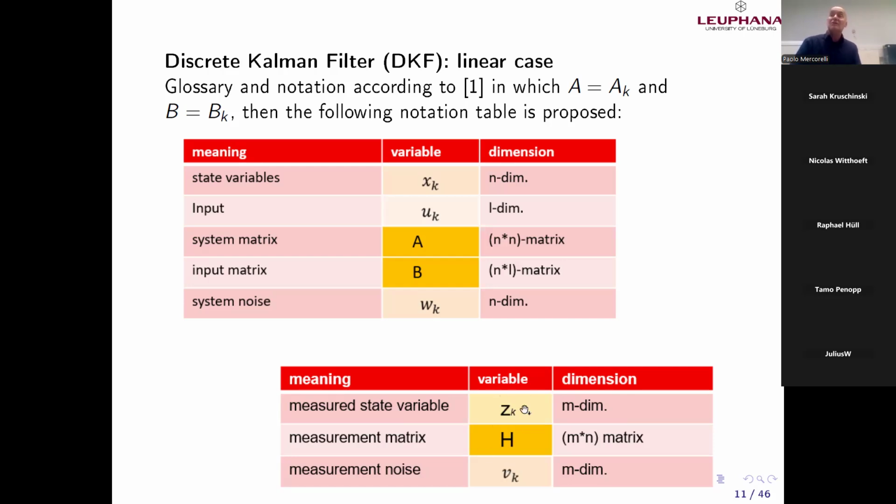Look at this. Here it's quite similar to what I told you in the case of Luenberger. Instead of H we had C. Instead of Z we had Y, I think, y_k.